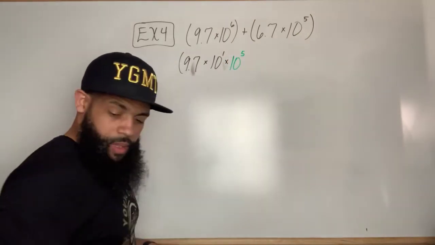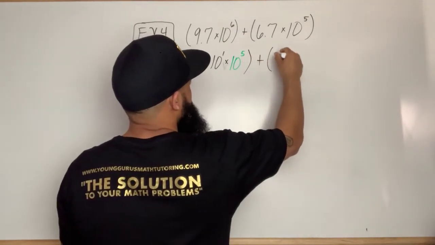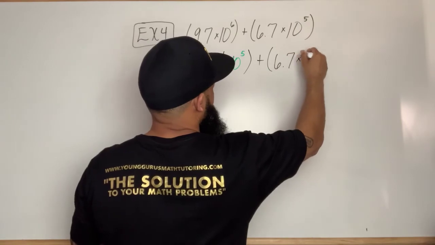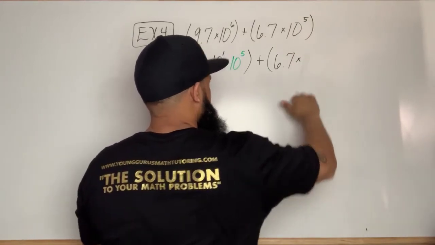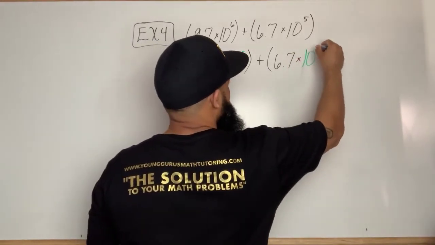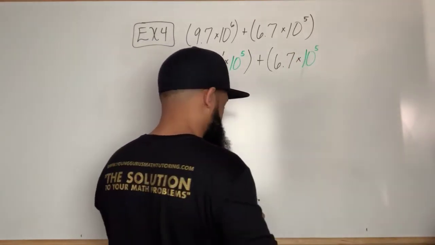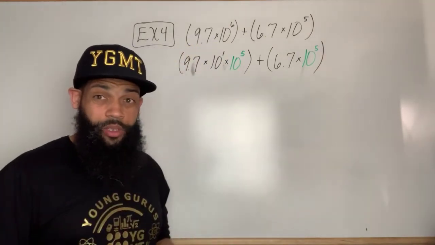Now that we have those, plus 6.7 times 10 to the 5th power. I've got to make sure those colors are right, because I want you all to see exactly what's going on.